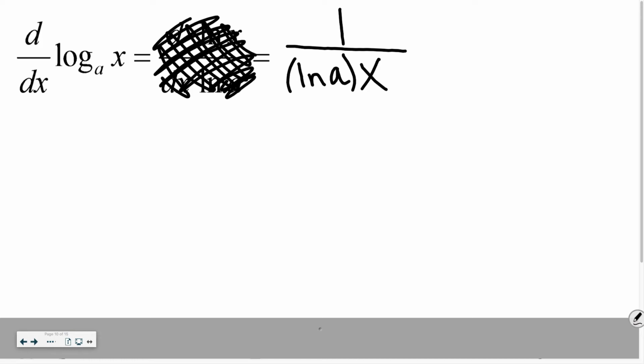Well, if our base is e, the natural log of e is 1, so you don't see that in our natural log derivative. But if the base is not e, then we have to show that.